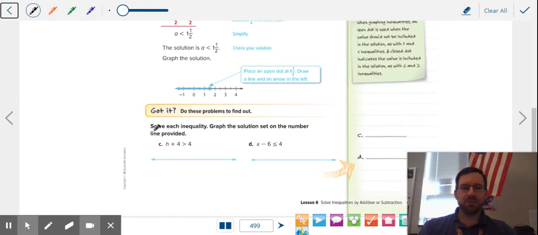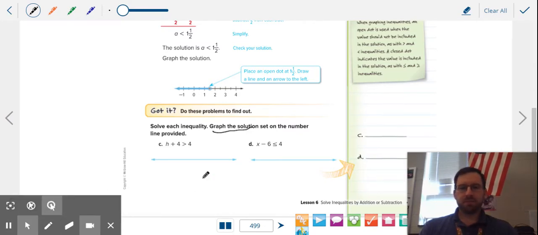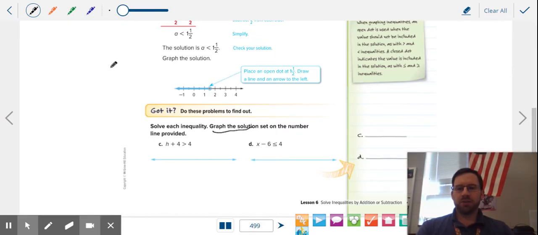Now, with these, we have to solve them and we have to graph them. So let's take a look at what that looks like. So when I balance these, I'm going to do them over here because I have the graph here I need to do. So we're going to do the opposite of plus 4, which is minus 4. 4 minus 4 is 0. So our inequality is going to be h is greater than 0.